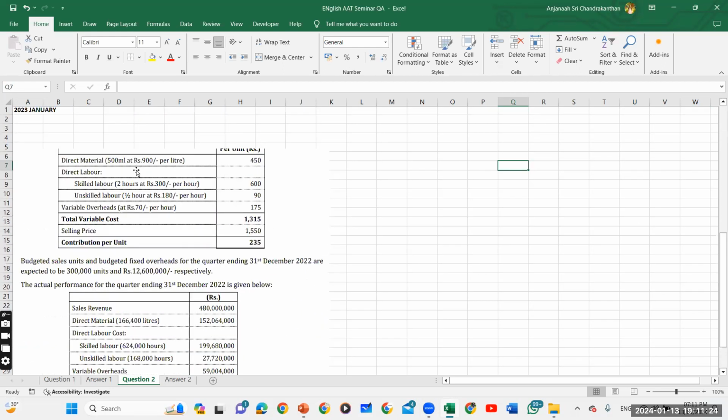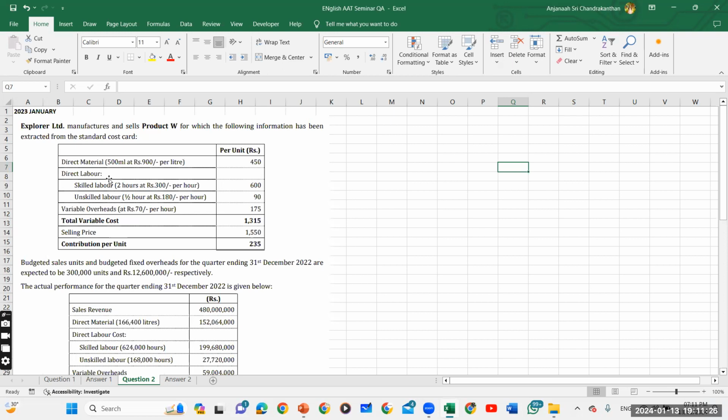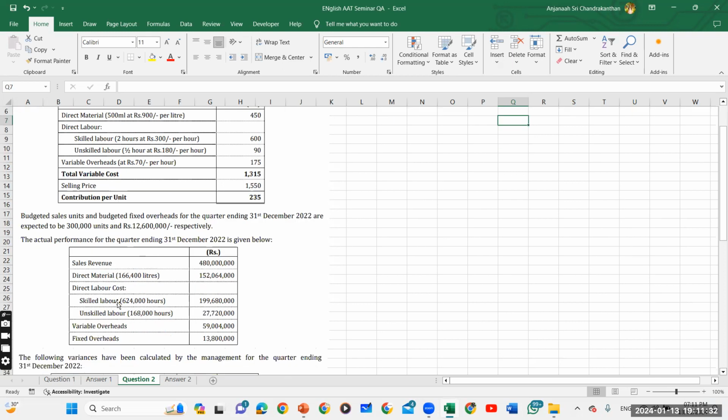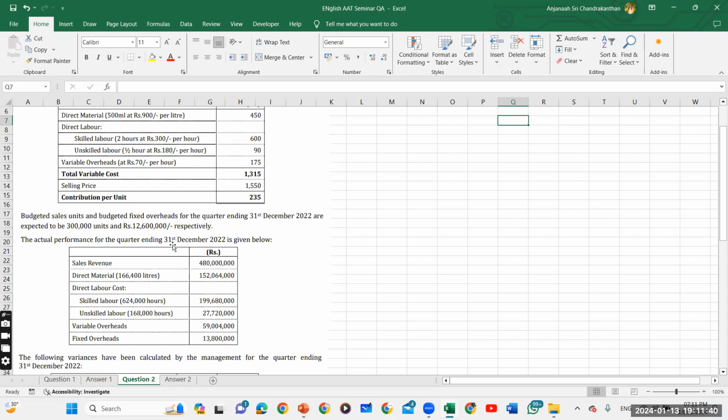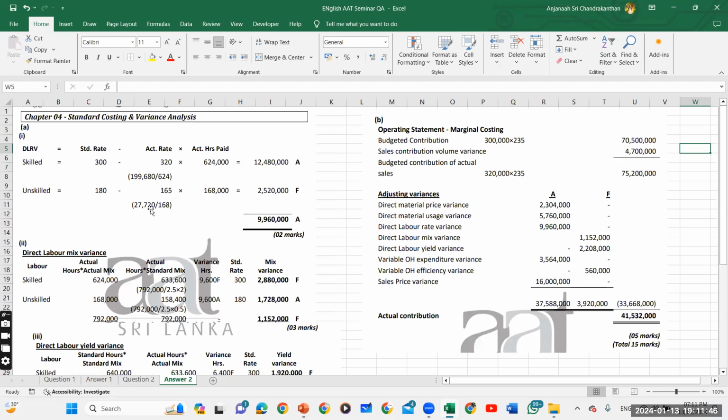The standard rate is 300, and the actual rate you get by dividing the cost by the total actual hours, 320, and multiply by actual hours, 624,000. And then unskilled also, same way, you get the balance.